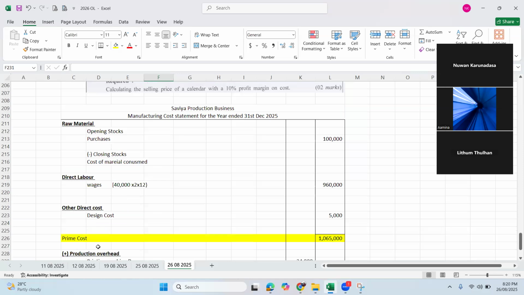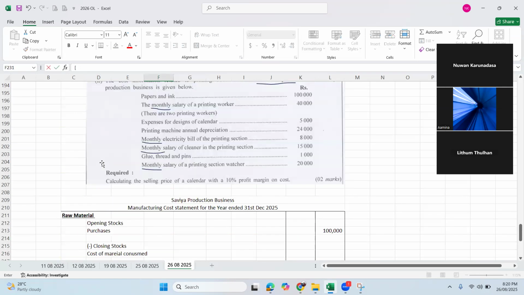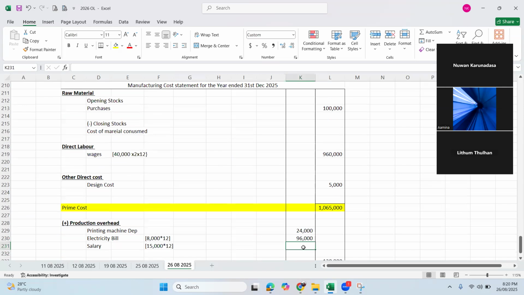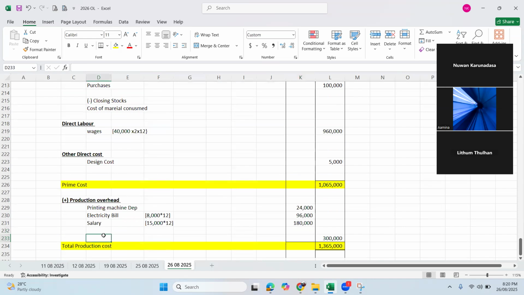Then salary of the cleaner. Here the salary is again given for a month. You have to multiply by 12. 180,000. Then glue, thread, and pins. Again, production overhead, we will take it as other direct material.